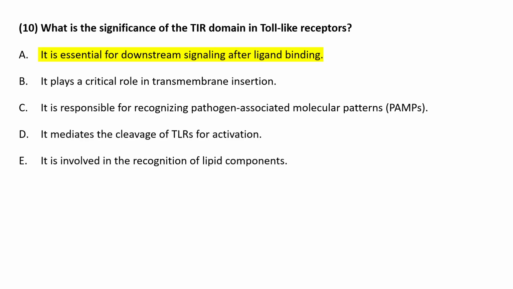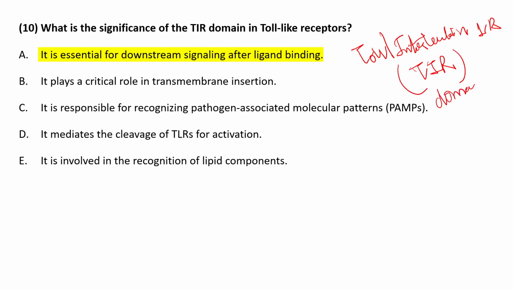I'll write it here: toll/interleukin 1 receptor. That is TIR. This is a domain of TLR. TLR is the receptor, and the toll/interleukin 1 receptor is the domain of this TLR, which is required for immune signaling.